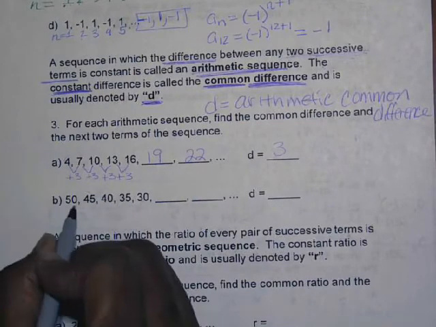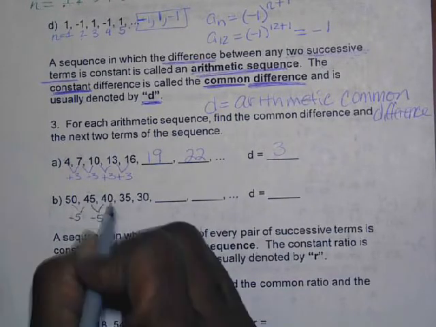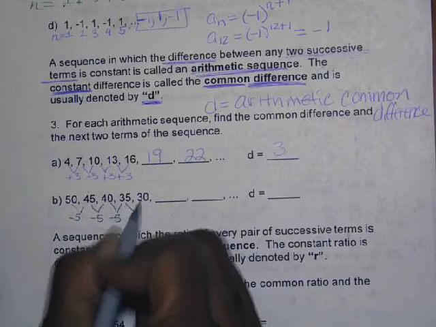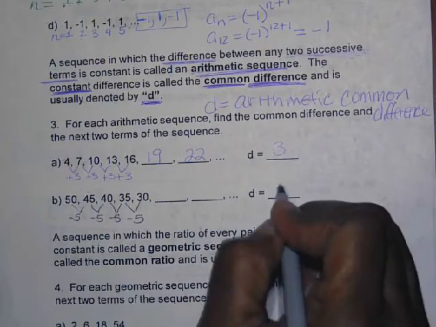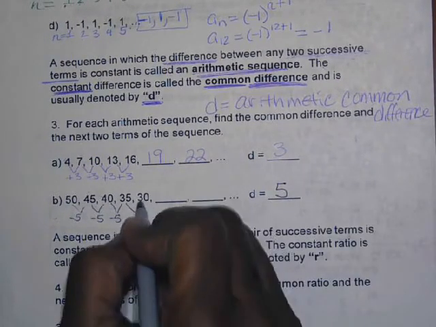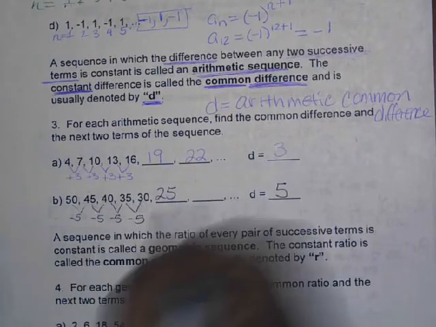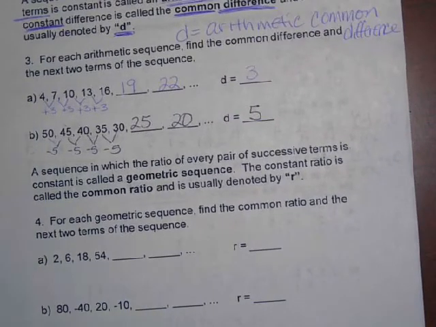But going this way, it's subtract 5. So my common difference is negative 5. My next two numbers, 30 subtract 5 is 25. 25 subtract 5 is 20. Alrighty.